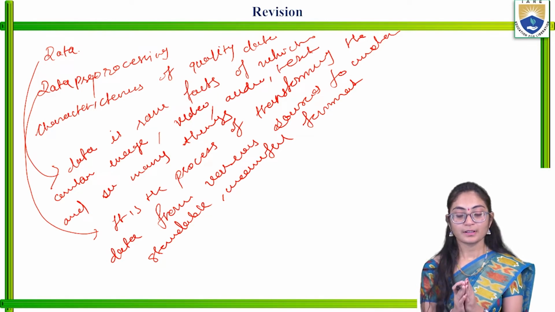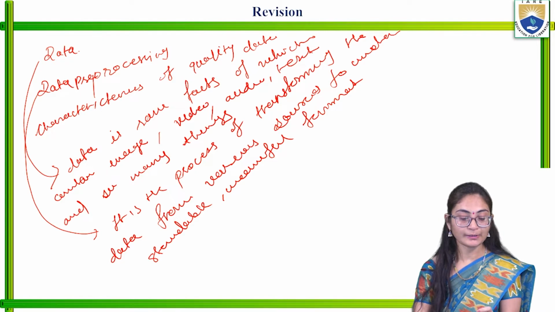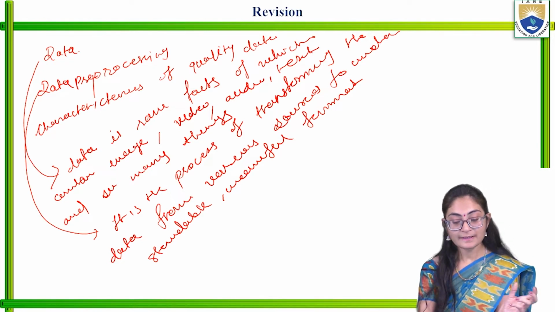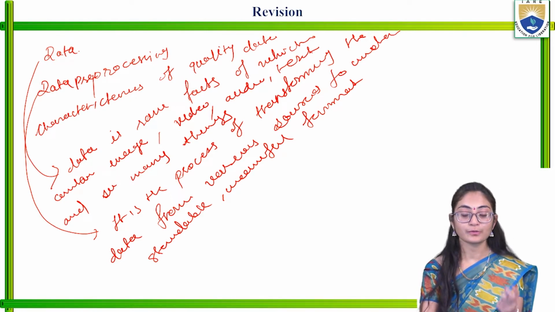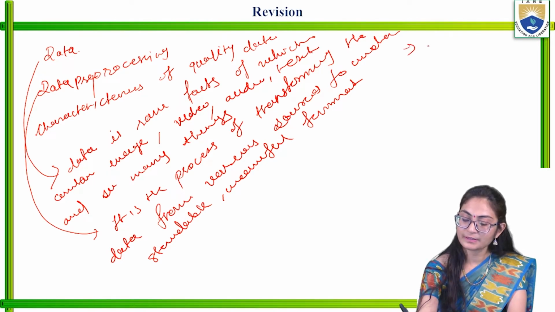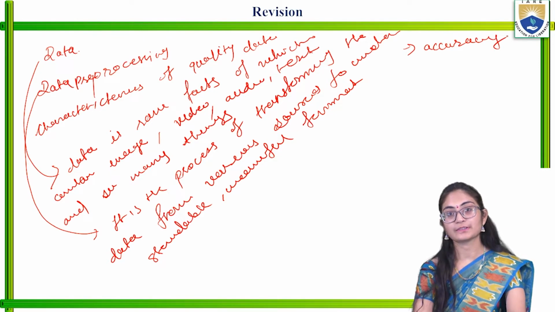Obviously, if there is no quality of data, then you cannot do anything. So you must always have quality data. Then there are some characteristics which you have to follow always. The first one is accuracy.